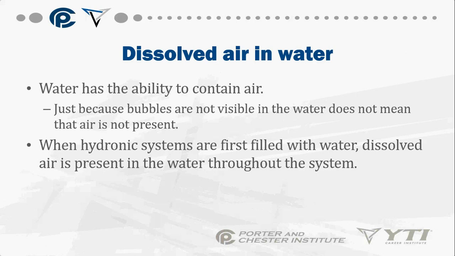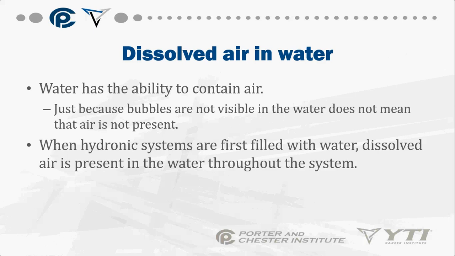Okay, water has the ability to contain air. Just because bubbles are not visible in the water does not mean that air is not present. In any hydronic system, we have to have the ability to remove the air from the system.